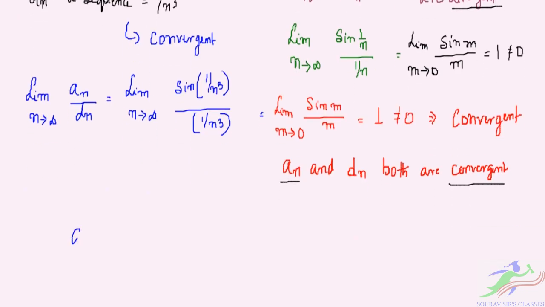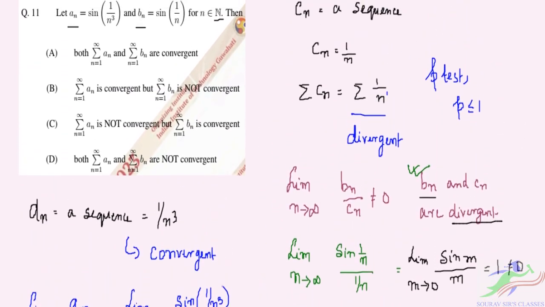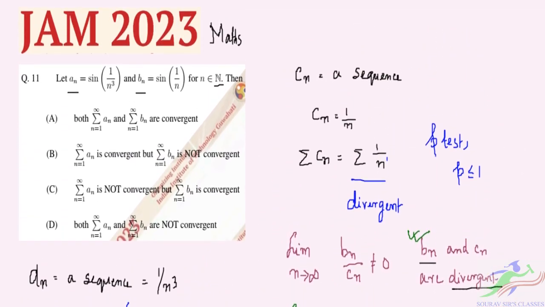That a_n is convergent and b_n is not convergent. So what will be the correct option? Option B is the correct one, as it states that a_n is convergent but b_n is not convergent. So the correct option for question 11 is option B.